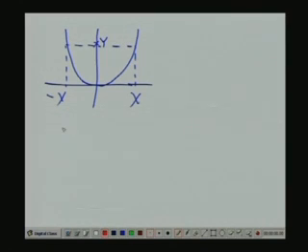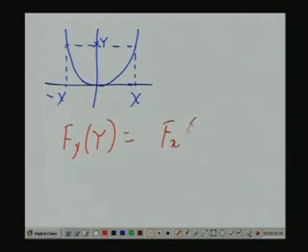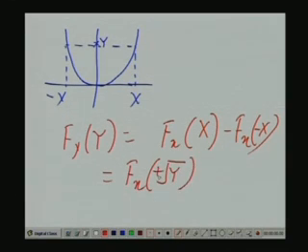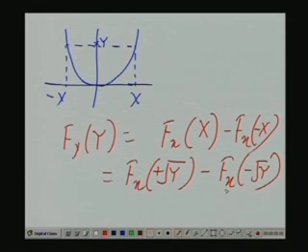In this case, what is the probability of x lying within this range? It is very simple, F x capital X minus F x minus capital X, right. And what is capital X? The square root 2 y. I put a plus sign here and then minus square root 2 y.